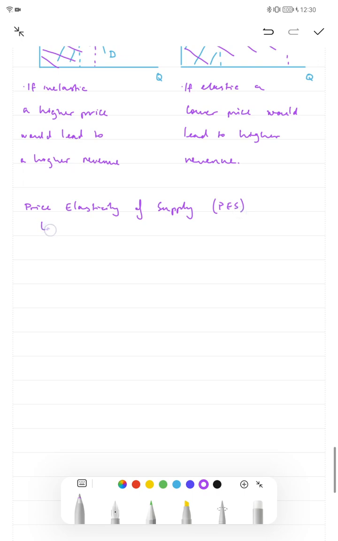It's the same definition, but it's how responsive a change in quantity supplied is following a change in price.